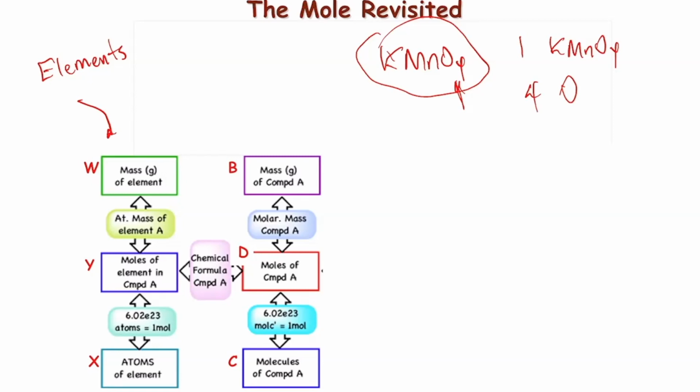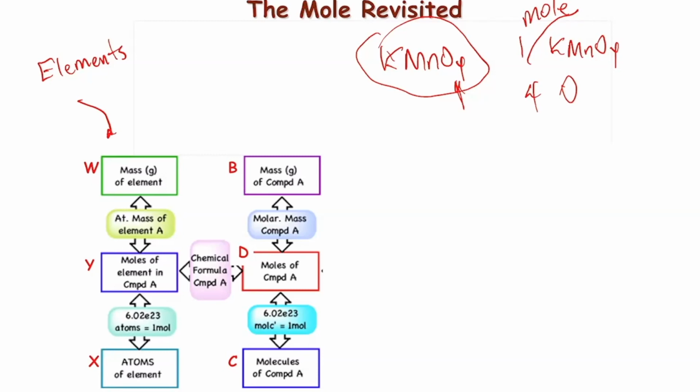Now, what we do in chemistry is that we don't want to deal with 1 molecule, although you could. What we say is that we have 1 mole of KMnO4. Guess how many moles of oxygen we have? Well, if the ratio is 1 molecule per 4 oxygen atoms, then the ratio is also going to be the same. 1 mole of KMnO4 equals 4 moles of oxygen, okay?